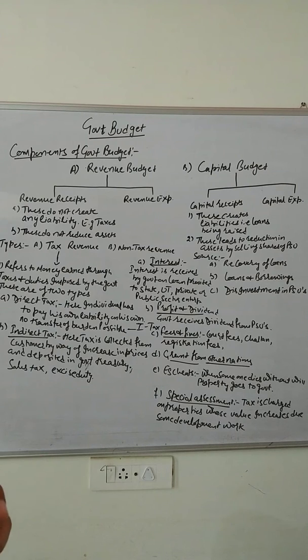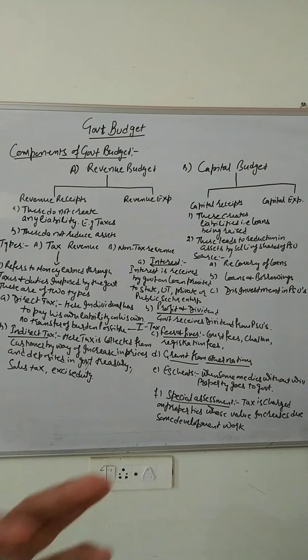Whereas in case of indirect tax, government collects the tax from the seller, but seller finally collects that tax from the consumer by way of increasing the prices of the products. They collect the tax and then deposit into the government's treasury. That is an indirect tax. So in case of indirect tax, the burden on the seller is being transferred over to the customer, whereas in direct tax, no burden can be transferred easily.